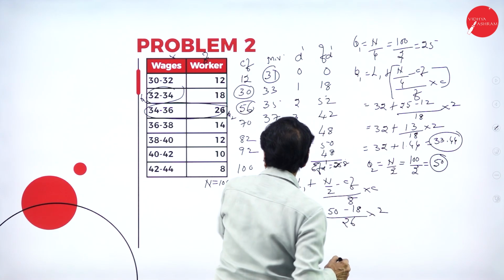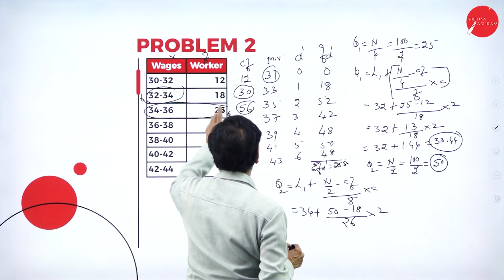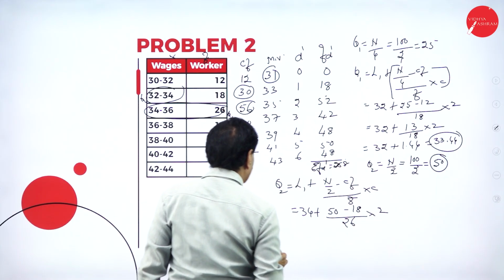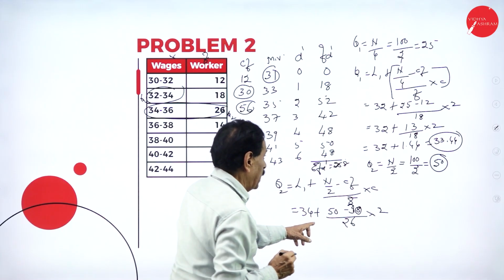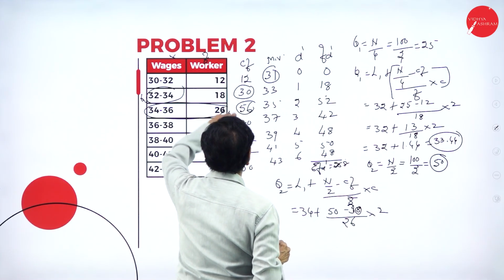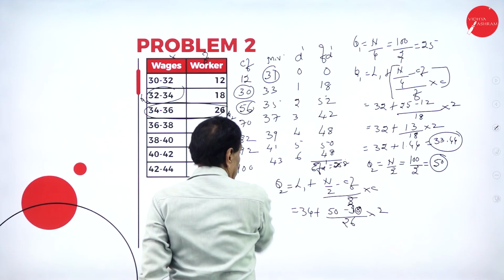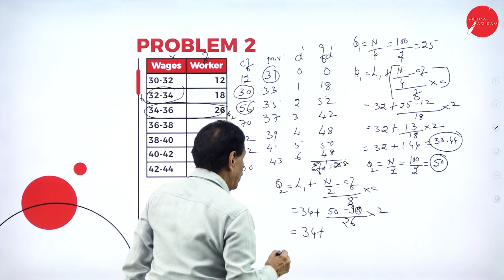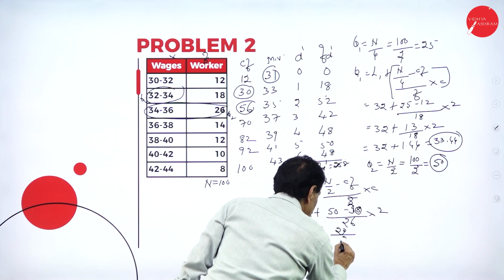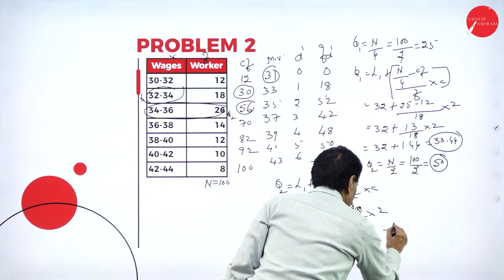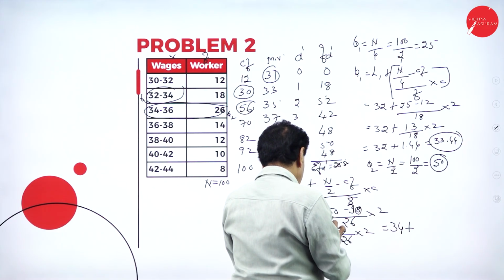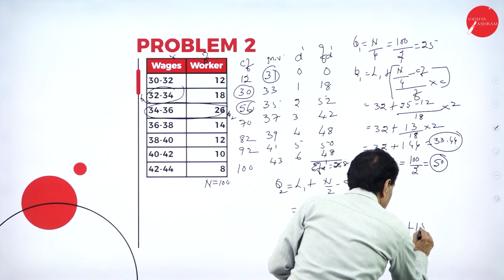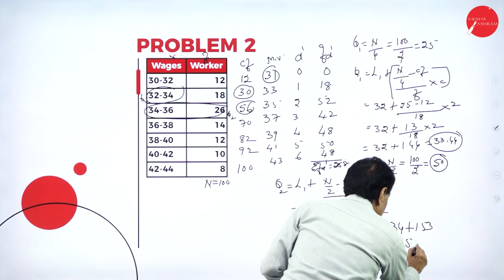So 34 plus 50 minus 30 is 20, divided by 26 into 2, that is 1.53. 35.53.